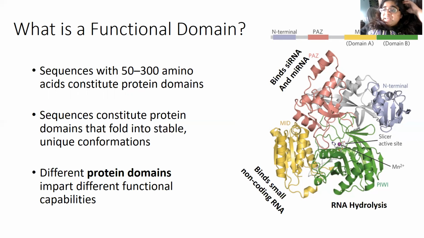So with PAZ, this one binds siRNA and microRNA. Here we see this one binding small non-coding RNA, and then this domain here ends up doing RNA hydrolysis.